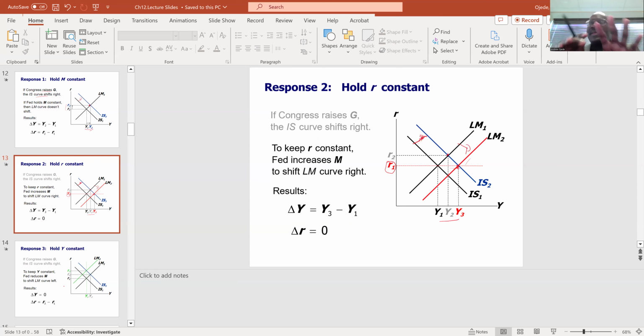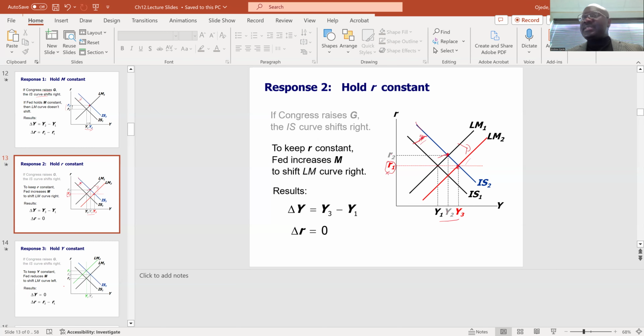So in this case, the goal of the Fed would not be stabilizing output, but maybe stabilizing the interest rate. They want the interest rate to be constant. Let me say that again. Suppose Congress decides to increase government spending. That would shift the IS curve to the right, and we would potentially reach this point, where the interest rate rises and GDP rises to Y2.